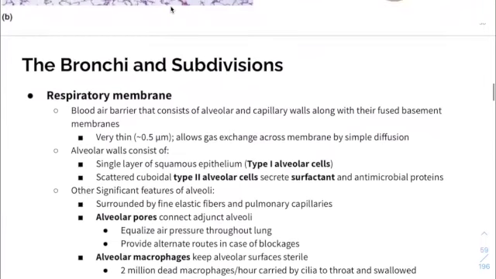So what all lives in that respiratory membrane? We have what is called a blood-air barrier that has alveolar and capillary walls.